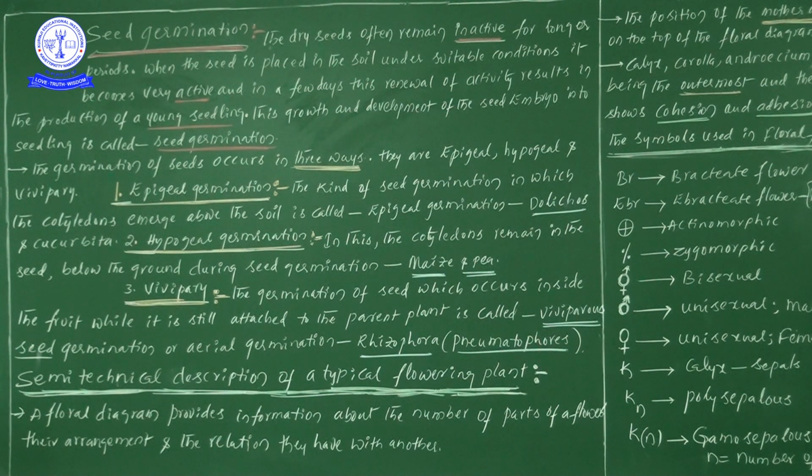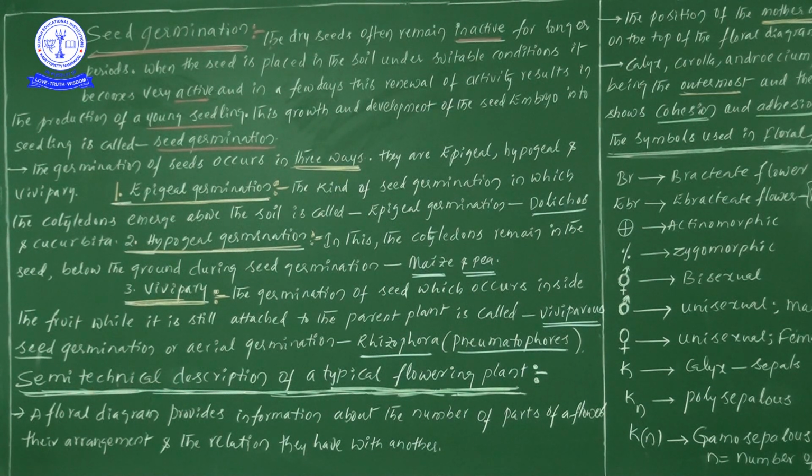Pneumatophores we have seen now, in root modifications. Pneumatophores generally grow in saline soils or salinity soils, in mangrove soils; mangroves are also the best example we have taken. When these plants are growing in salinity soils, what is happening?